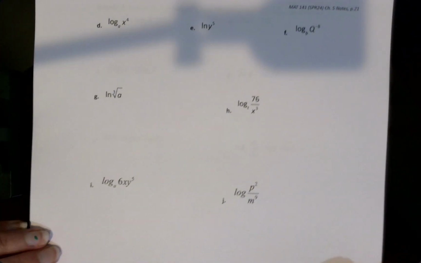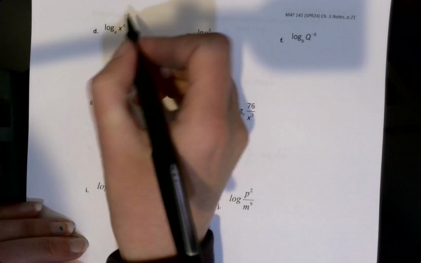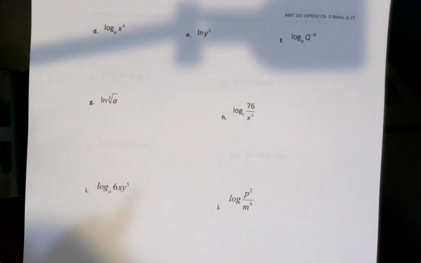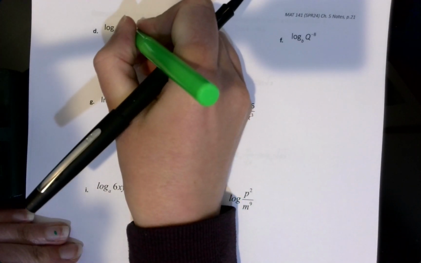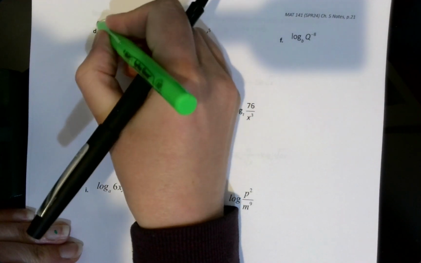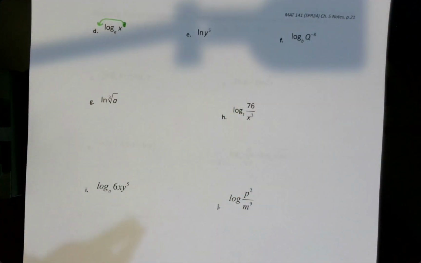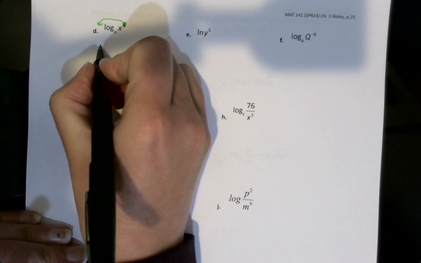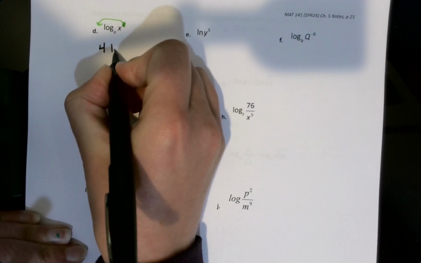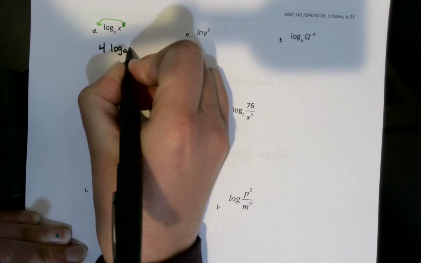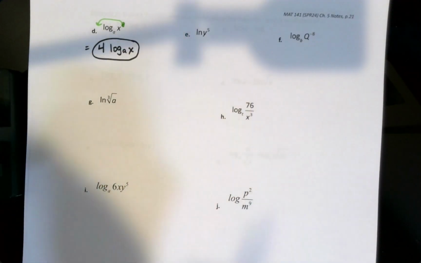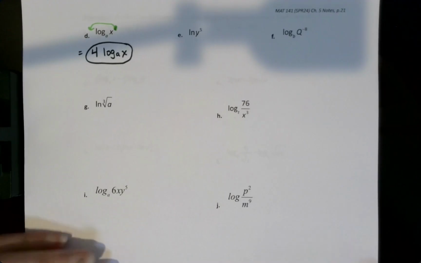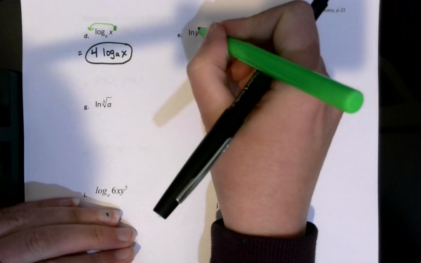All right. Continuing on to the next page, I've got the use of now the power property. So we've got log base a of x to the 4th. We're going to take our power down as a multiplication according to the power property. So this is going to be 4 times the log base a of x. Similarly, in part E, there's an exponent.